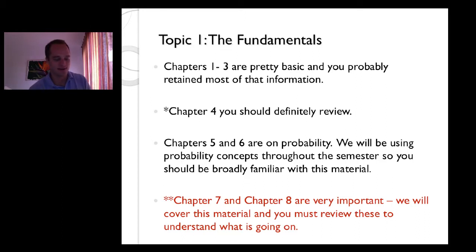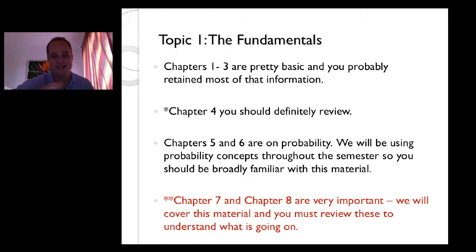Chapter 7 is on the continuous probability distributions, specifically focused on the normal. And chapter 8 is the most important chapter in the entire textbook, or in any textbook for statistics, or maybe even any textbook ever. That might be a stretch. But chapter 8 is on sampling distributions. And it's tricky. A lot of it is theoretical.